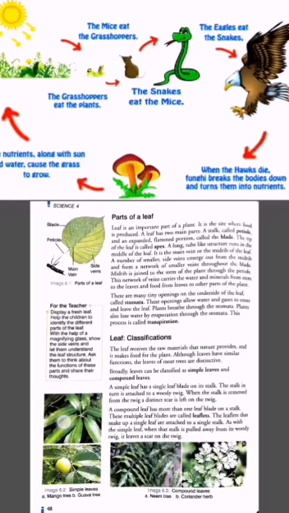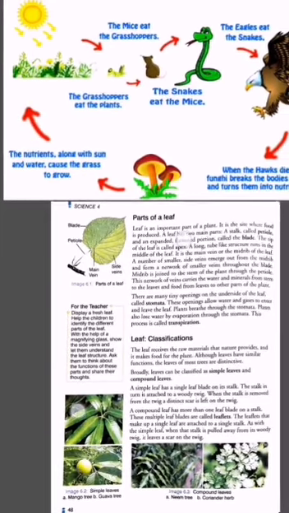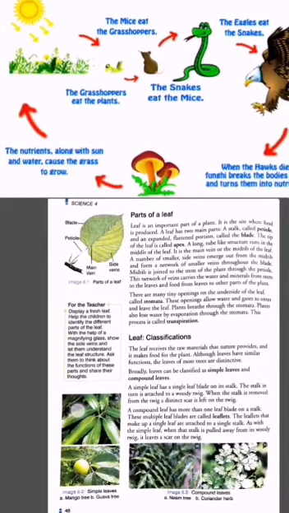When it provides nutrients, plants, for example mushrooms, grow upon them, and then again this is the whole cycle. Then again the nutrients along with the sun and water cause the grass to grow. Again the whole cycle, that is the main thing which we want to explain to you, that everything is interdependent.